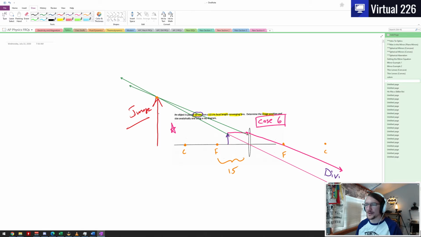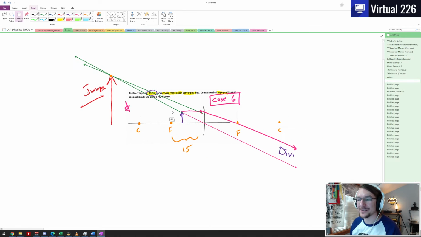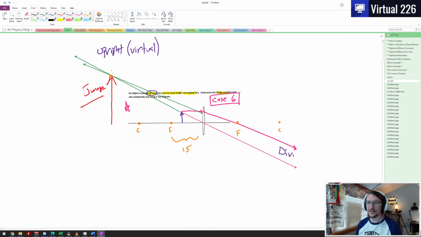Note, just by looking at it quickly, it is still upright. It's the same direction as our object. So this is an upright image, which by definition means that it is virtual. And notice it is much larger, so we should have a magnification larger than 1. And because it is upright, our magnification should be positive.